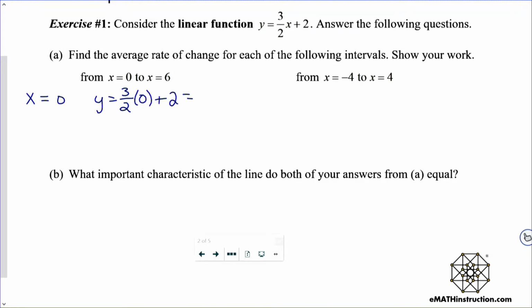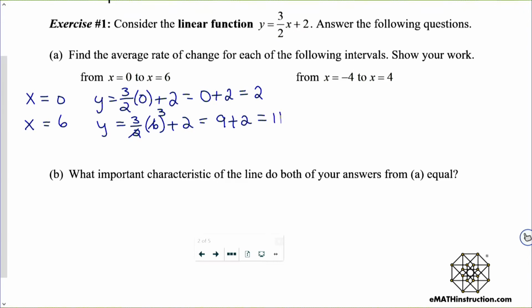Of course, anything times 0 is 0, and 0 plus 2 is 2. When x is equal to 6, y is a little bit harder to calculate. 3/2 times 6 plus 2 is 9 plus 2, and that's 11.